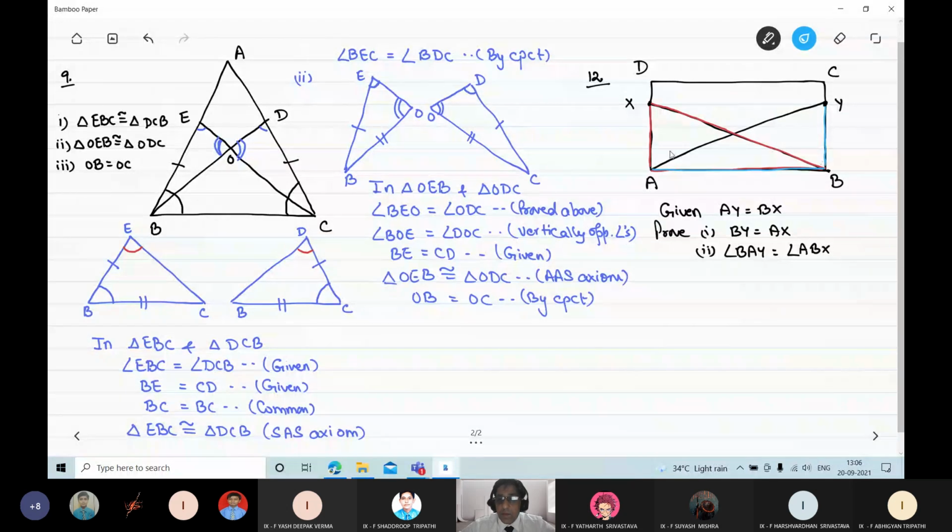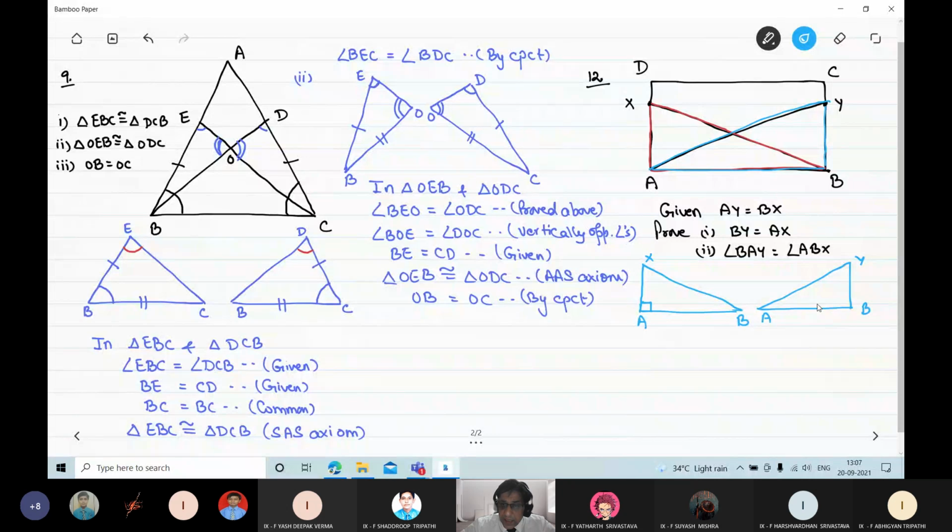Yes, sir. So if I manage to prove these two triangles congruent, my job would be done. If I draw ABX, ABX would be drawn something of this sort. This is A, this is B, this is X, and ABY will be drawn like this.